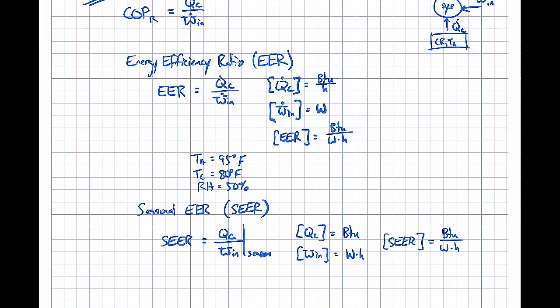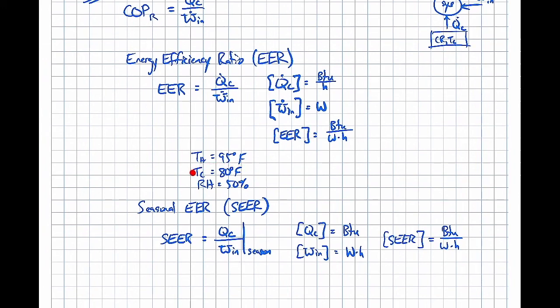Now, the reason they do this kind of measure, evaluated over a season, is because it gives you a better idea of what's happening to the surroundings. So you still assume the same indoor temperature of 80 degrees Fahrenheit, but the outdoor temperature would fluctuate over the season. So you may have days where it's only 85 degrees, some days that are 90, some that are 95, some that are 100.